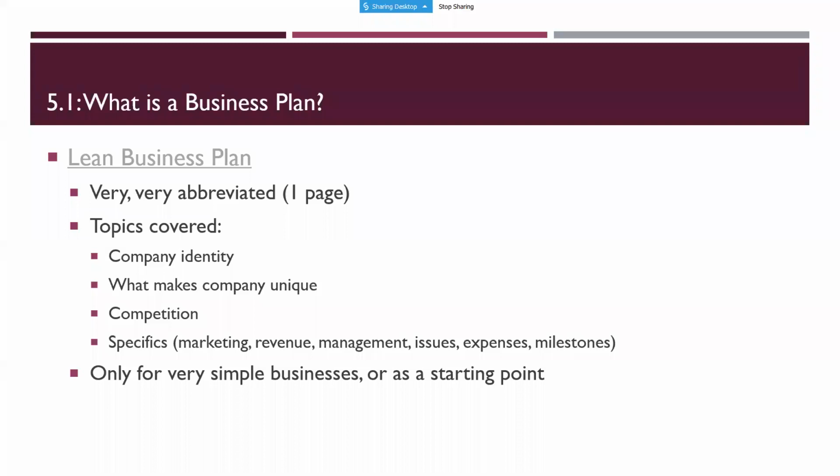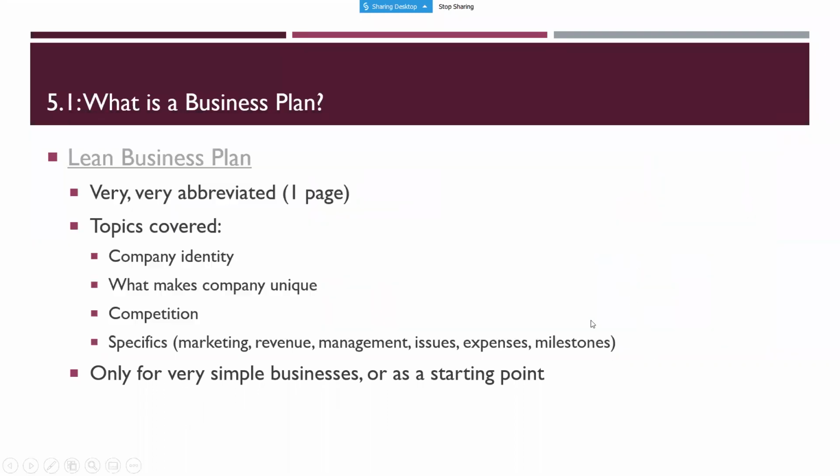Maybe your sole proprietorships that maybe aren't looking for any financing or very limited financing, possibly through just banks. So for very small businesses, simple businesses, or as a starting point, just a small synopsis that gets you started on writing your business plan.